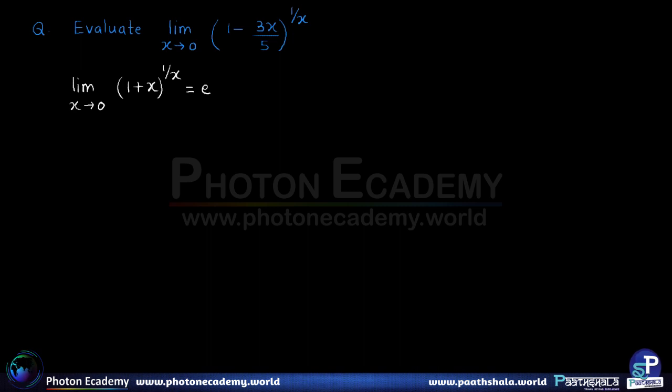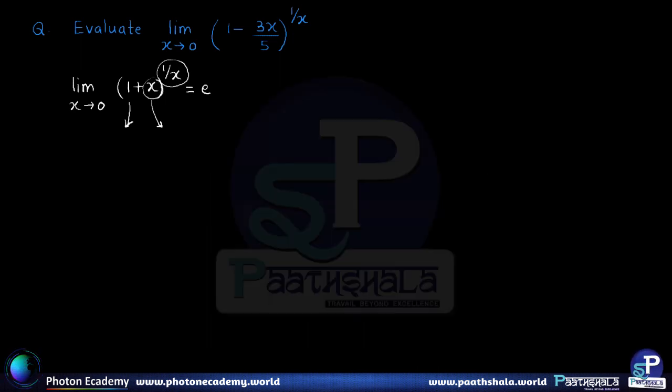So the way we remember this result is we must have one term as 1, okay? Then whatever is the next term, its reciprocal must be present in the exponent, alright? And whatever is that second term x, the same term must tend to 0, okay?